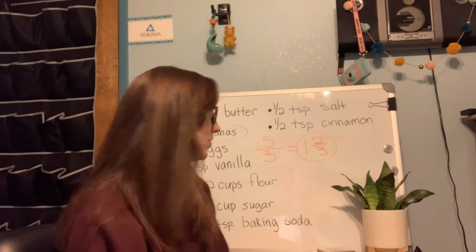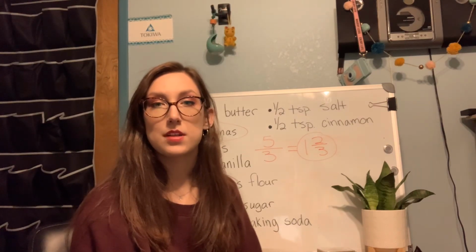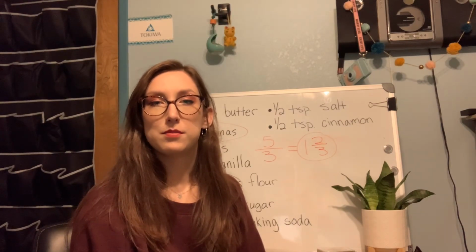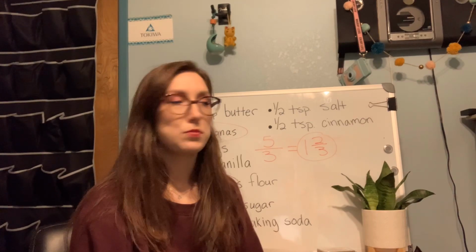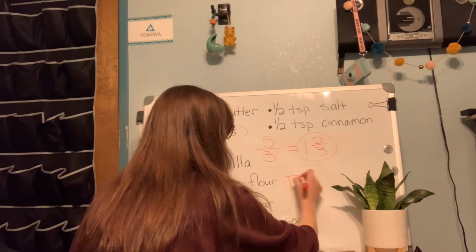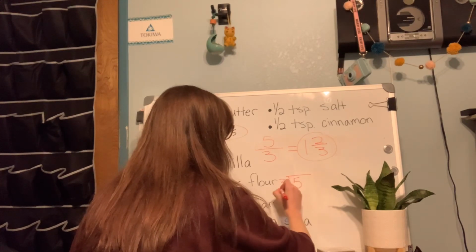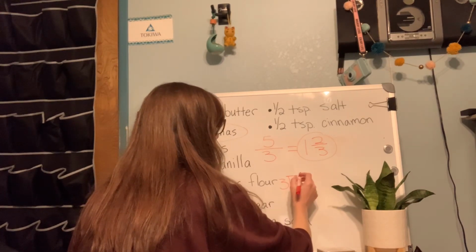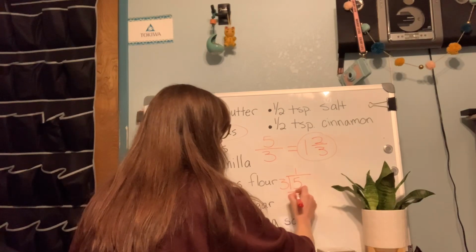Or if you want to challenge yourself and exercise those brain muscles with multiplying and dividing decimals, you can do the same thing. Divide 5 by 3. 3 goes into 5 once.